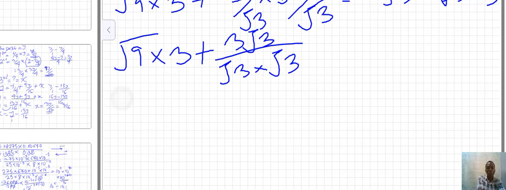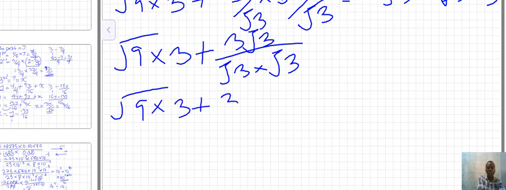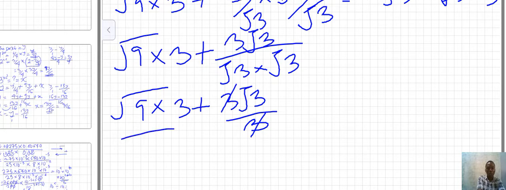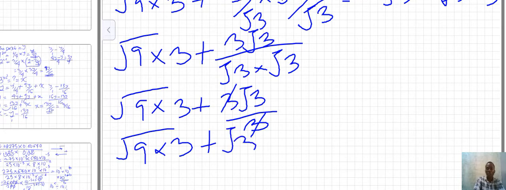So this will give us the square root of 9 times 3 plus 3 root 3 over 3. So 3 will cut 3. That will now give us the square root of 9 times 3 plus root 3. So we have simplified it now.